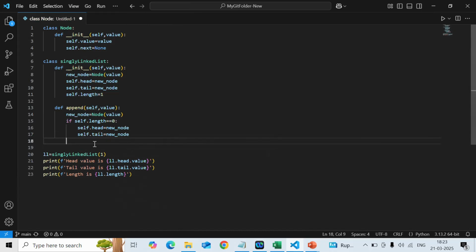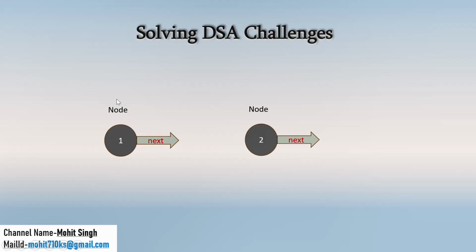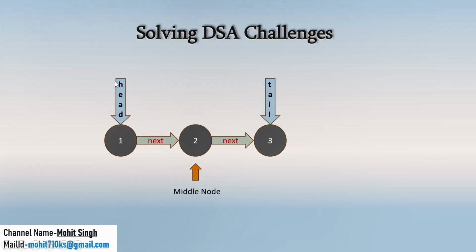And if length is not equal to 0 for this linked list, then what will we do? Let's say the linked list already has this one node. In that case, this next pointer, which is pointing to None, will point to this newly created node. Okay, you can see it here: self dot head, which is pointing to this node, dot next equals new node.